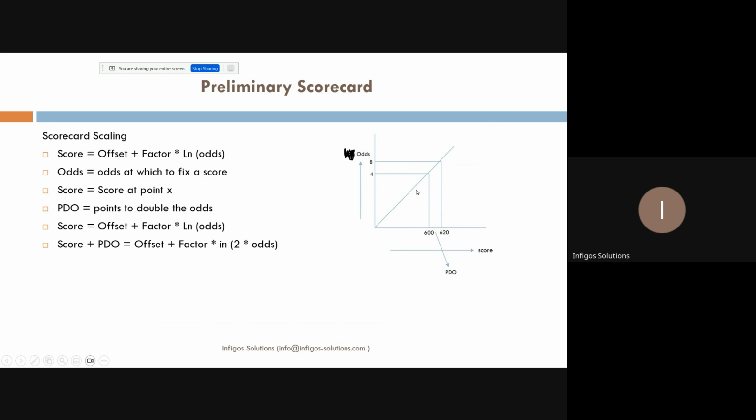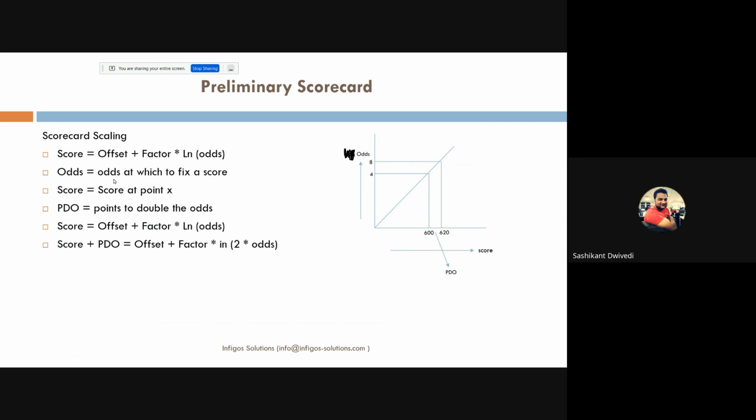At 600 points, I have odds of 4. At 620 points, I have odds of 8. My odds are doubled when I move from 600 to 620. So PDO will be 20, divided by log of 2. I think you know all these things, right?